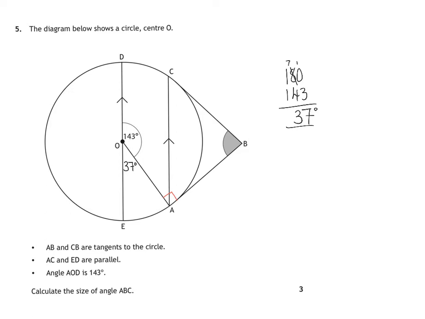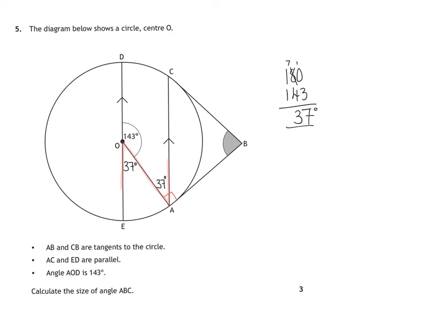Right, so next thing is knowing about our parallel lines. I'm going to highlight it just to make it more obvious. So that in there is an alternate angle, or a Z angle you might have heard it called. So they are both going to be equal, so we're going to have 37 in there as well.